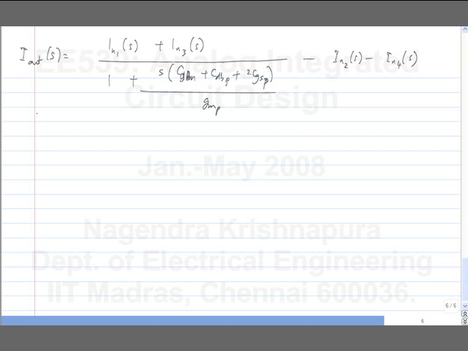And what is the spectral density? What is the spectral density as a function of frequency f?